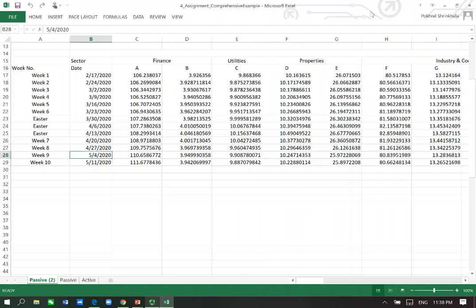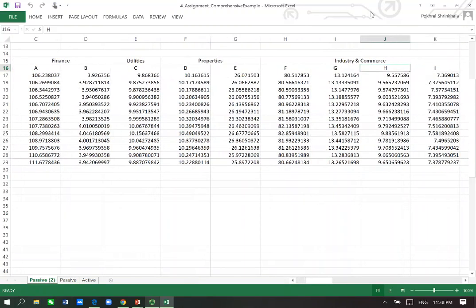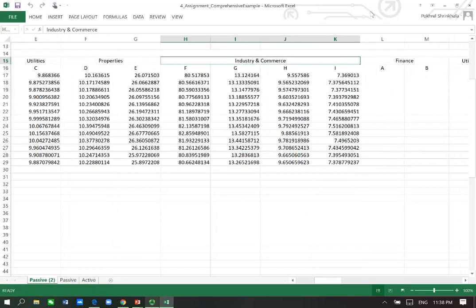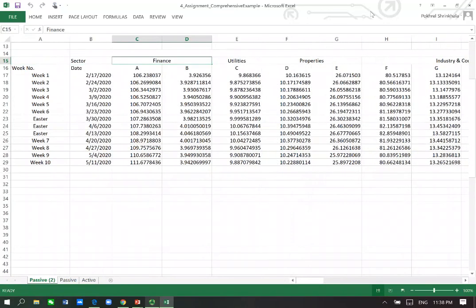So effectively there are several weeks, and there are 13 weeks for which the share prices of some hypothetical stocks named A, B, C, D, E, F, G, H, I. So there are 9 stocks named A to I in different sectors such as finance, utilities, properties, industry, and commerce, and their share prices are as follows: the closing share price for each of these dates.